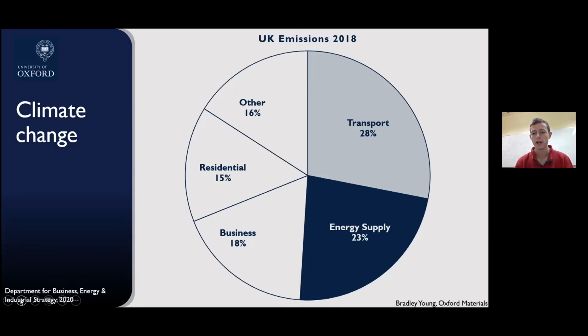And as we start to electrify transport, and we need to produce electricity for cars as well, so we need more energy to be supplied, our emissions from energy supply are only going to increase. So we really need to come up with ways of reducing or even eliminating the carbon that comes from supplying energy.